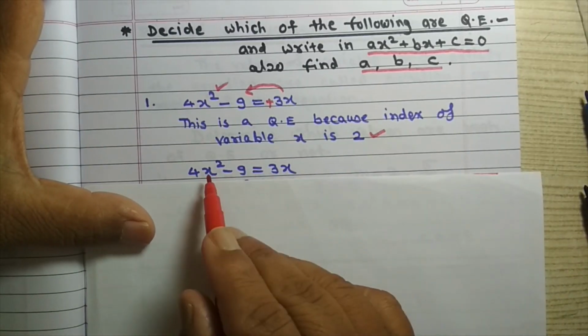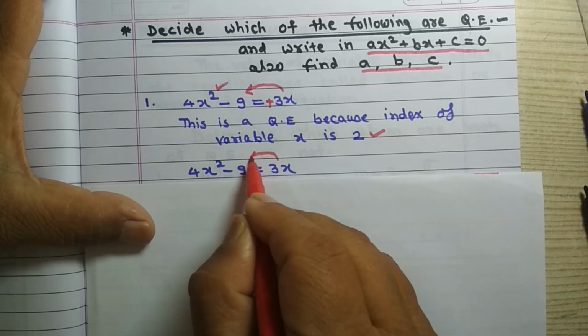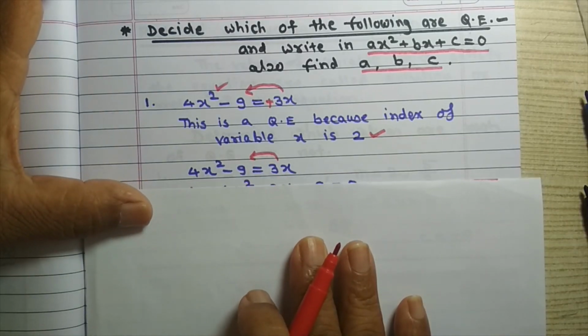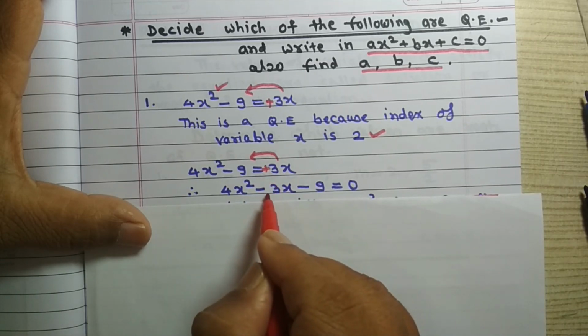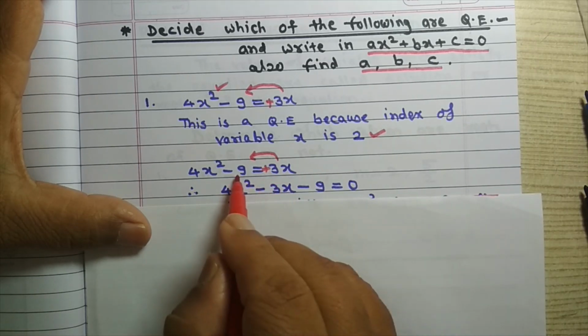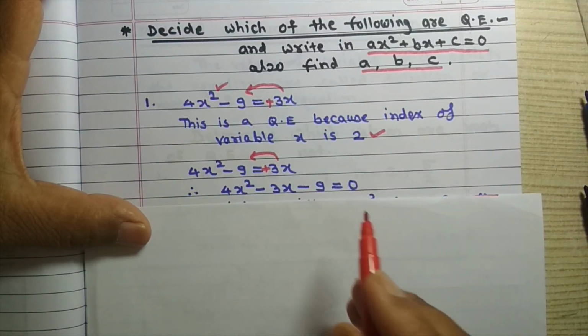Again that equation, 4x square minus 9 is equal to 3x. Now taking 3x to the left side, it becomes 4x square minus 3x, and minus 9 is already on the left side, so we can't change its sign: minus 9 is equal to 0.